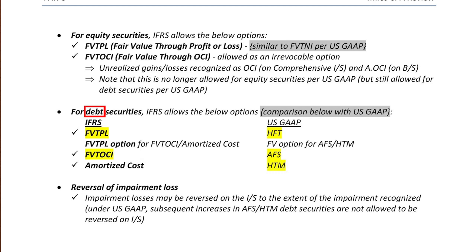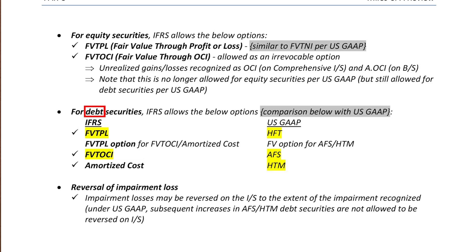Again, very similar accounting. So for available for sale securities under US GAAP, we said that they're going to be at fair value on the balance sheet, but any unrealized gains or losses will be recorded in OCI or accumulated OCI on the balance sheet. And that's why they're calling it fair value through OCI under IFRS.